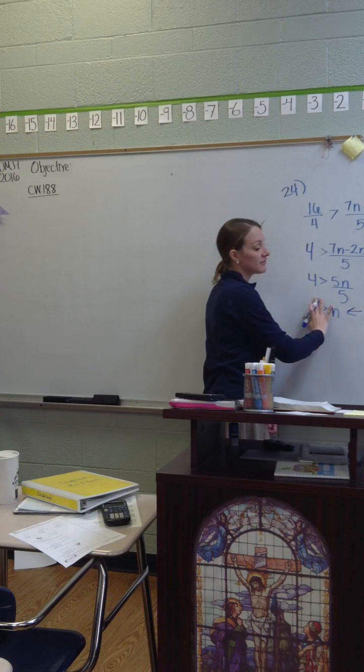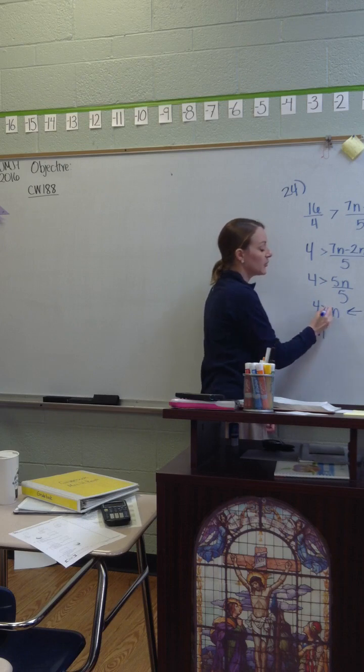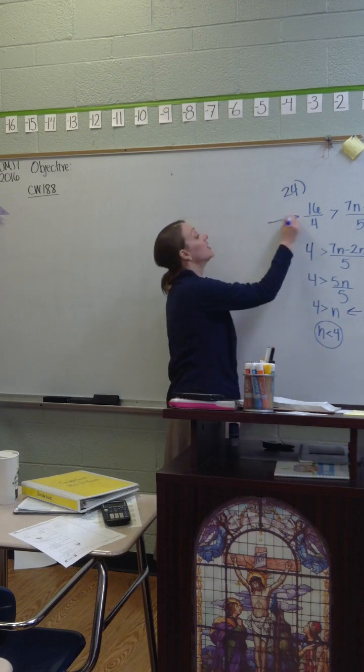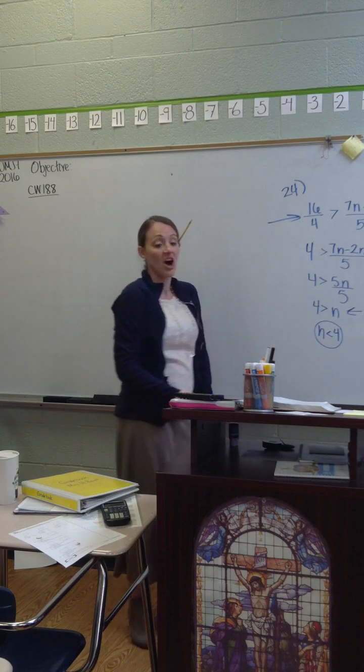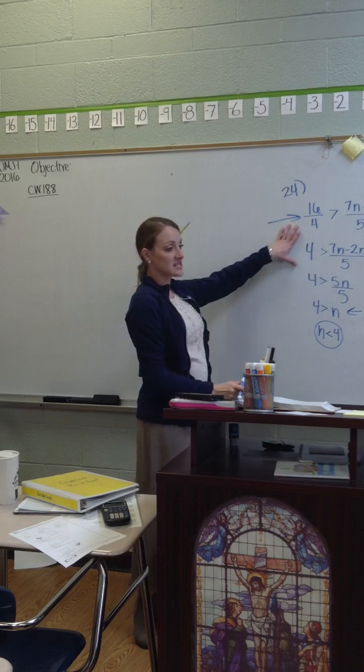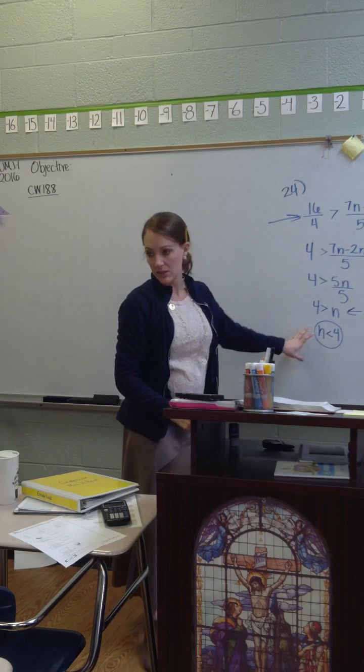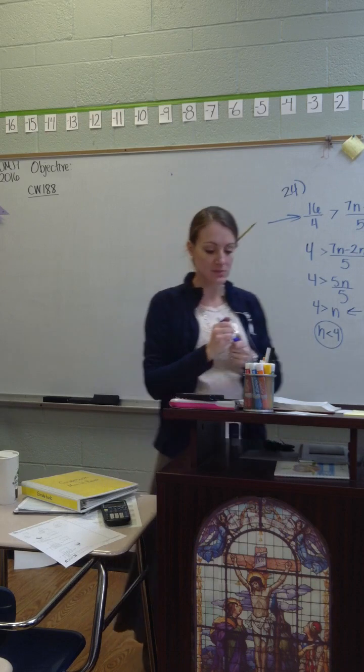No. You reflect the whole thing. The pointy side is closest to the n, so the pointy side stays by the n, and then we end up with this. This looks rather daunting, but as soon as we take a deep breath and calm down, we see that it really reduces rather easily. You guys are super smart.